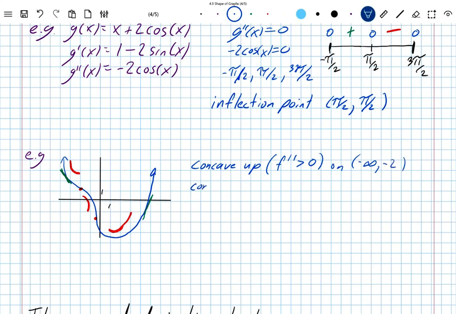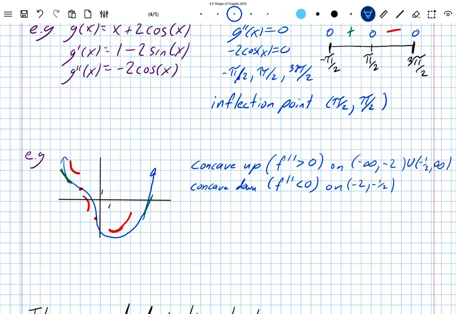We are concave down, or in other words, the second derivative is negative on, looks like negative 2 to, I don't know, we'll call it negative a half. And then we're concave up again, so we'll tack that on to our first line. We're concave up from negative a half all the way up to infinity.